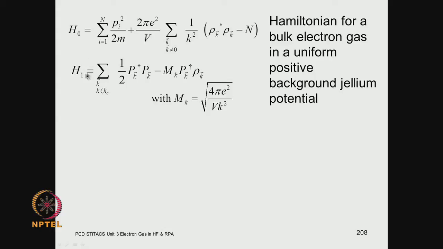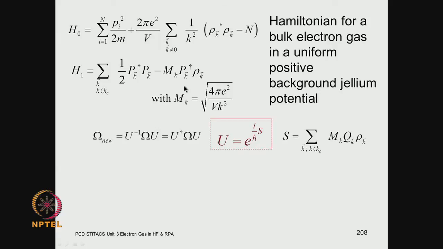We introduced an auxiliary Hamiltonian in which Mk is defined as such. It is made up of these operators P and Q, which are sitting over here.